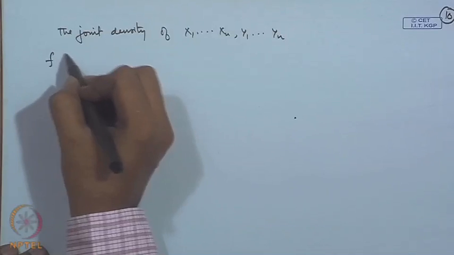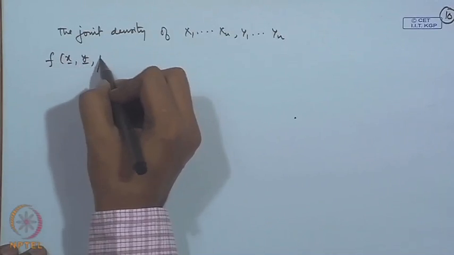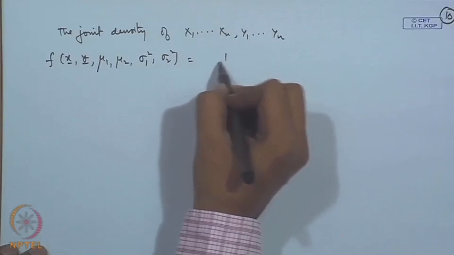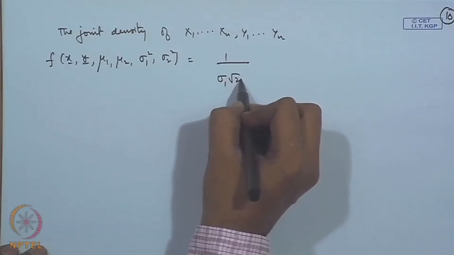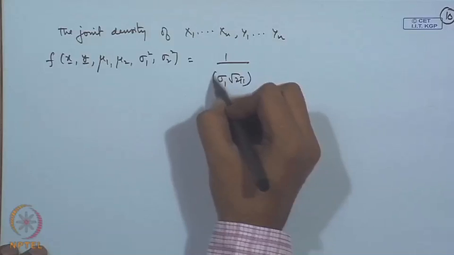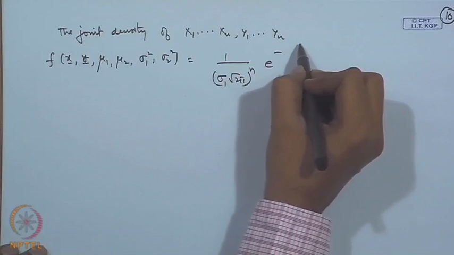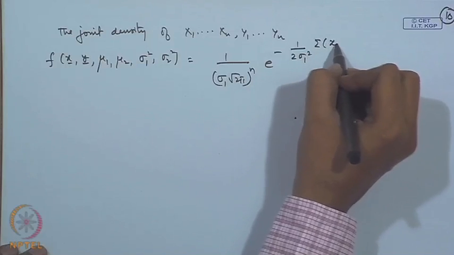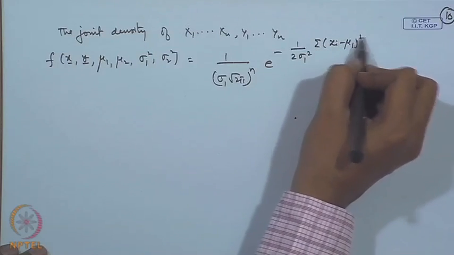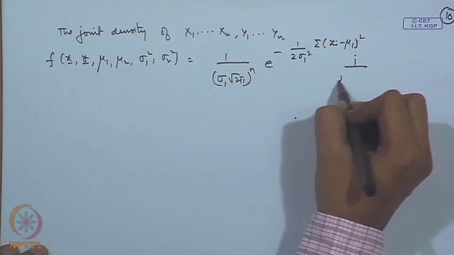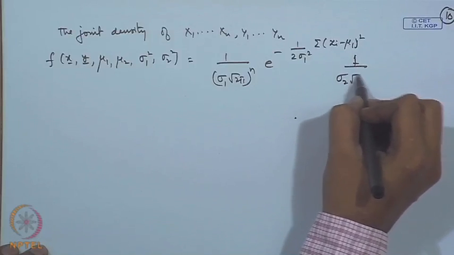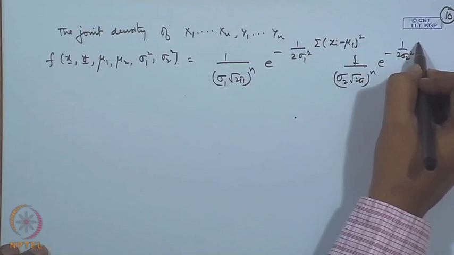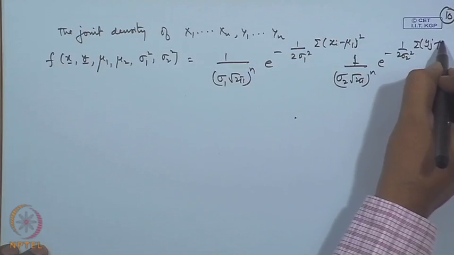Then that will be f x y mu 1 mu 2 sigma 1 square sigma 2 square, which is equal to 1 by sigma 1 root 2 pi to the power n e to the power minus 1 by 2 sigma 1 square sigma x I minus mu 1 square, times 1 by sigma 2 root 2 pi to the power n e to the power minus 1 by 2 sigma 2 square sigma y j minus mu 2 square.